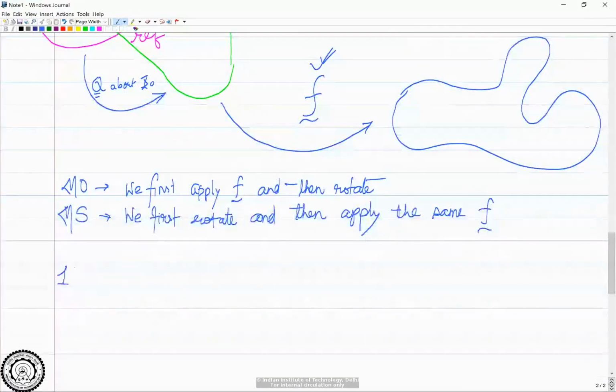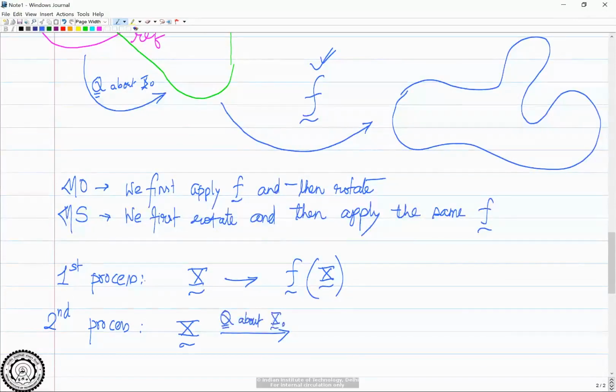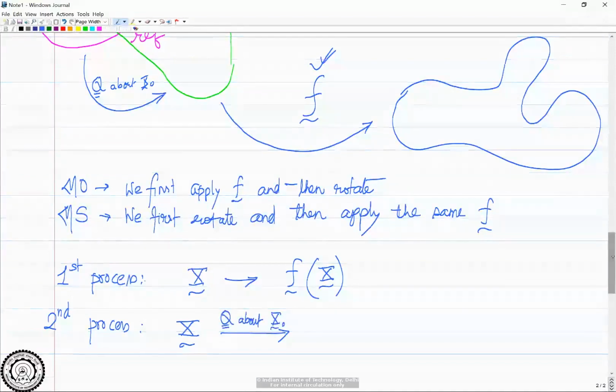So anyway, let us track the different points of a material for the two deformation processes. In the first process, when we have only applied small f, any point big X will go to f of X through that deformation map, and it is some arbitrary deformation map. In the second process, a point X first has to rotate by Q about x naught. So can you think of where that point big X will go if it's a rotation about x naught?